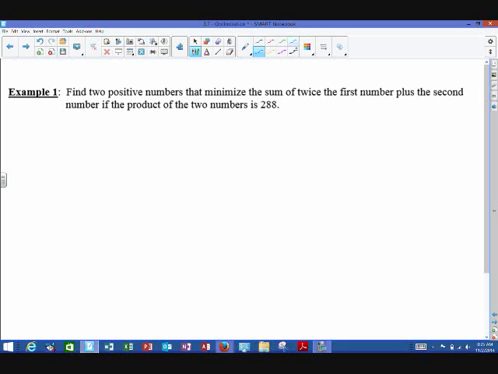Now, the way that I always like to set my optimization problems up is by defining the variables. And it's pretty clear that you're looking for two things here, two positive numbers. So I have very little problem saying, let's let the first positive number equal x.